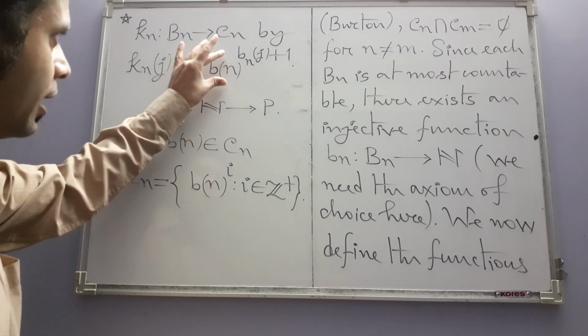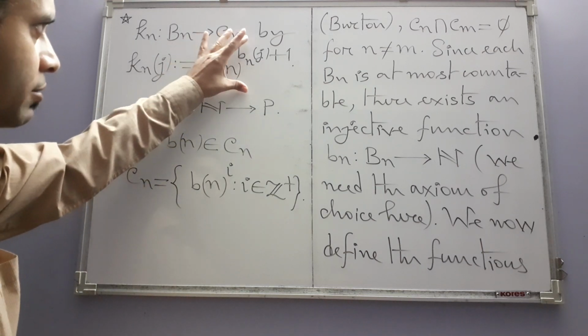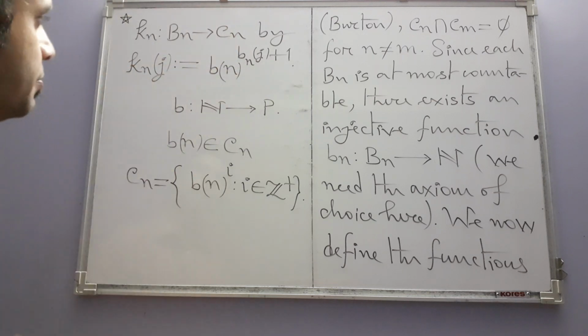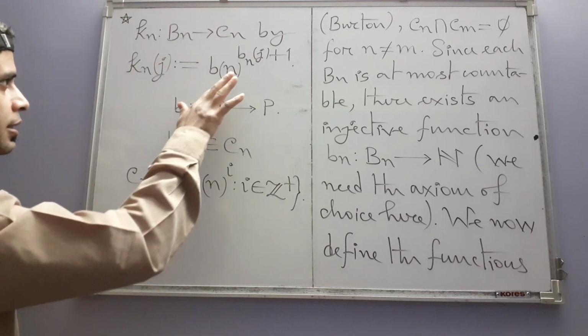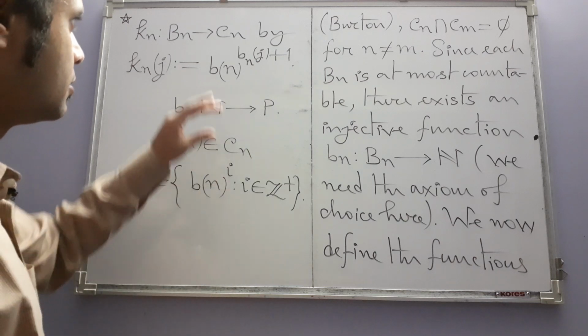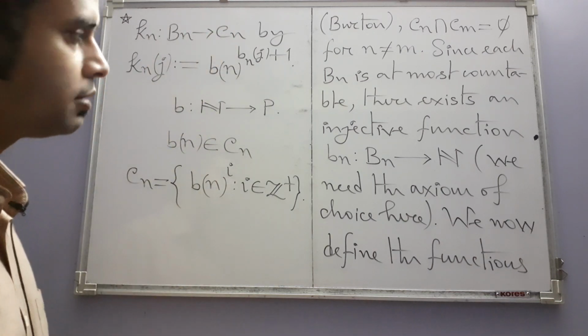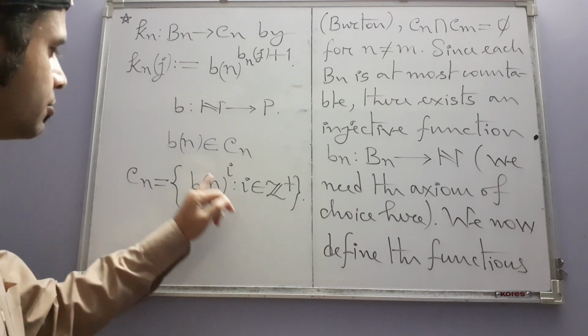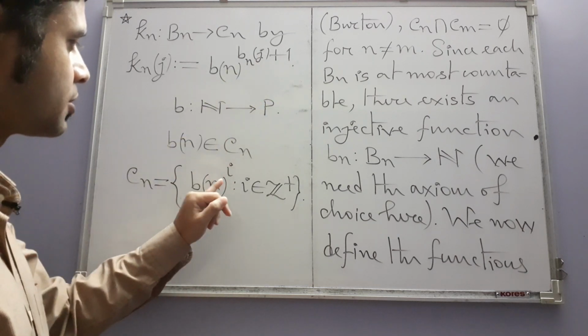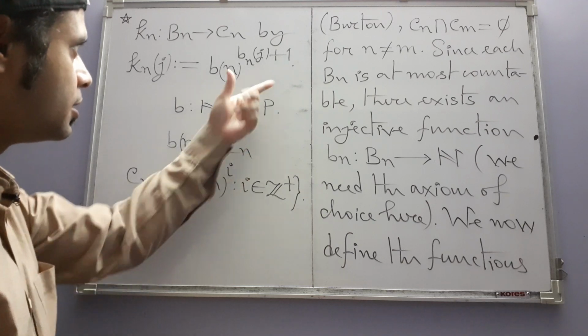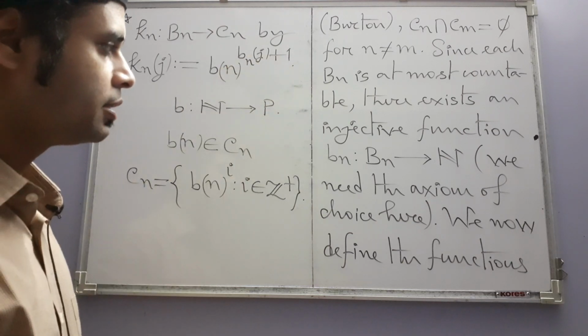But we do not have just simply Bn here, but rather this power of Bn. The first thing to note here is whether this output belongs to Cn or not. It looks like it belongs to Cn because it has the same structure. But is this exponent a positive integer?